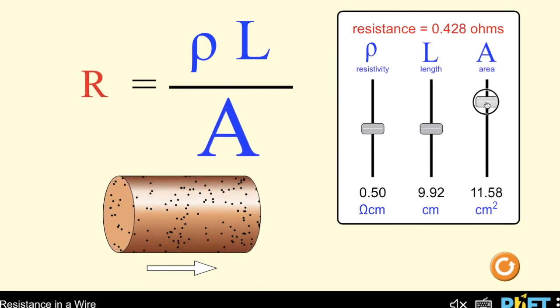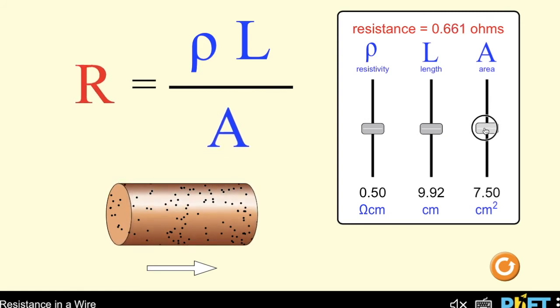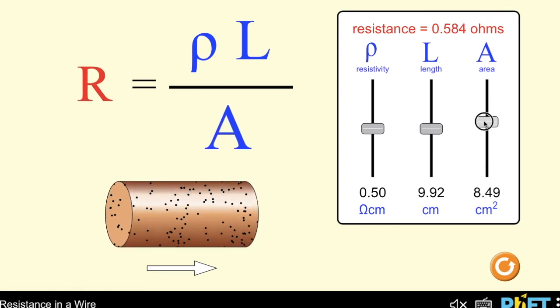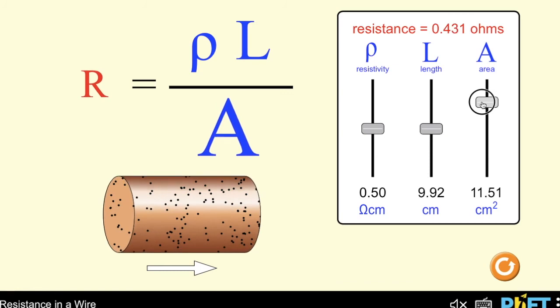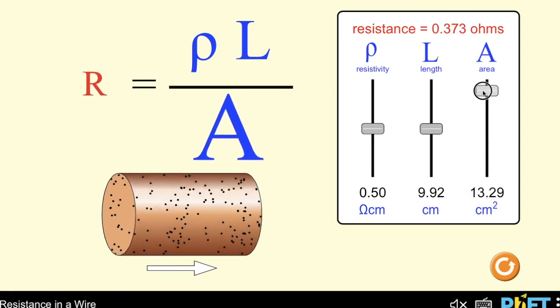We are not varying the length, and we are not varying the resistivity, but rather we are varying the cross-sectional area. Whenever you are incrementing the cross-sectional area, you are allowing a larger number of charges to flow into that conductor, which is going to have a counter effect on the resistance.